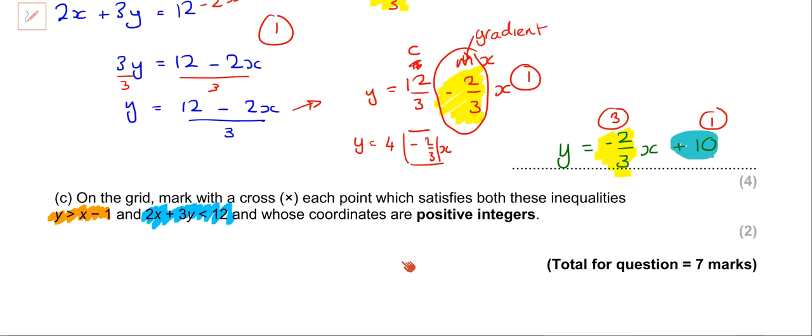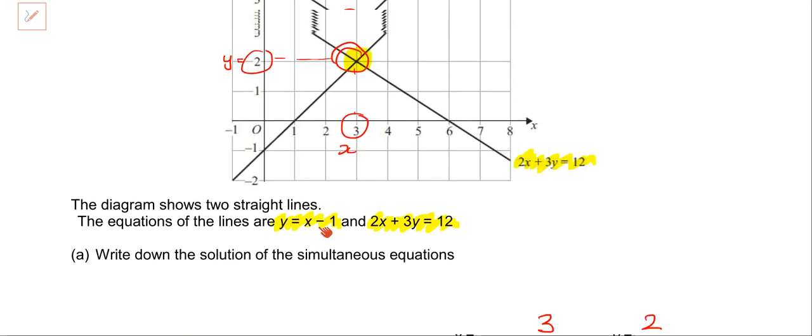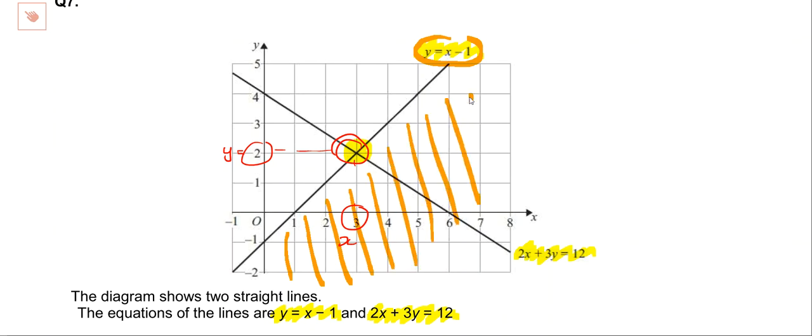Okay. On the grid, mark with a cross. Same kind of thing as before. So 2x plus 3y is less than 12, and y has to be greater than x minus 1. So, I didn't even see this question. If y has to be greater than, well, that's this one here. So I'm not allowed anything below.